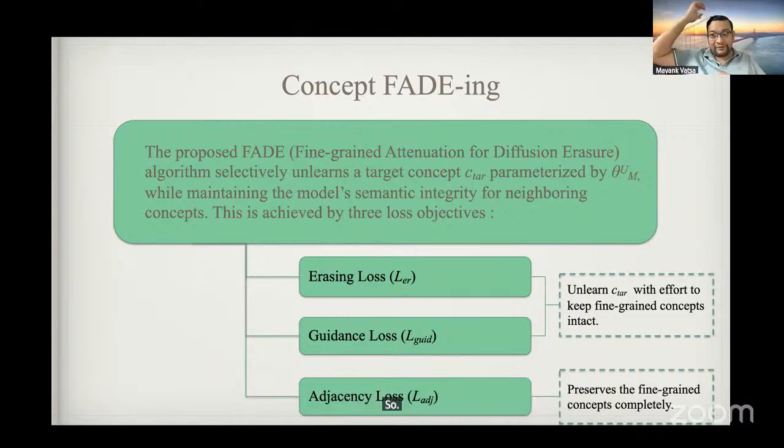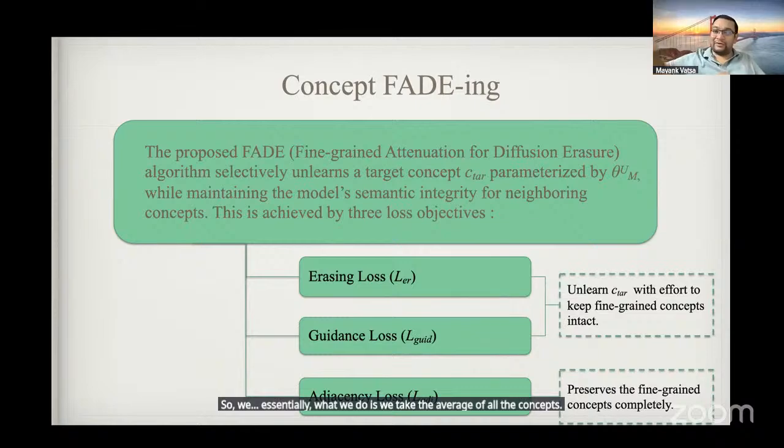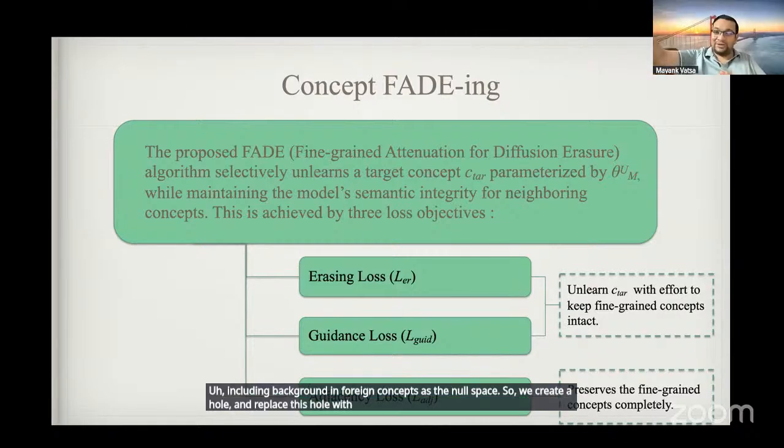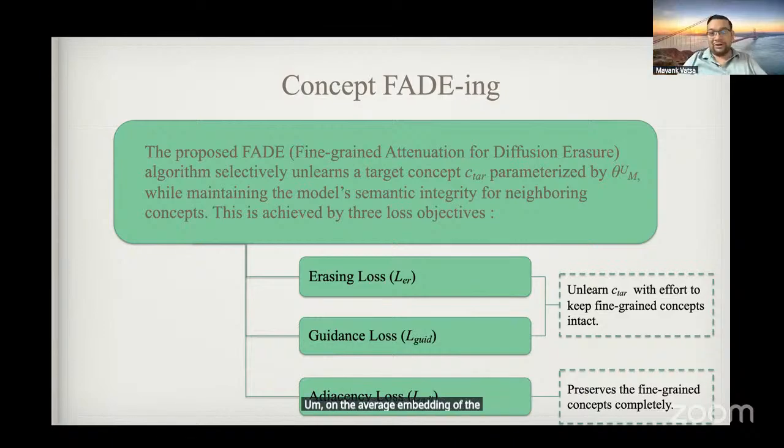So what we do is take the average of all the concepts, including background and foreground concepts, as the null space. So we create a hole and replace this hole with the null space, the average embedding of the entire model, for that particular concept, right?